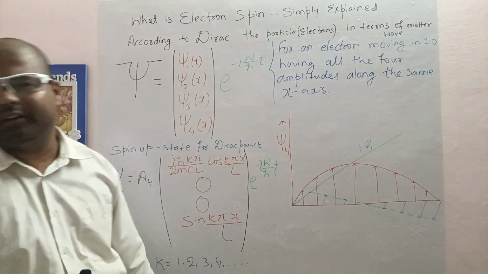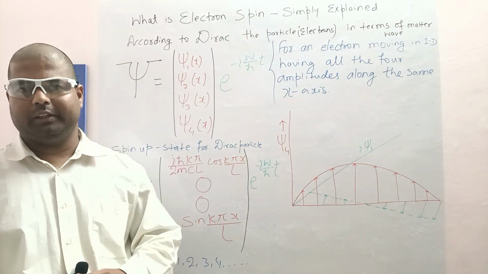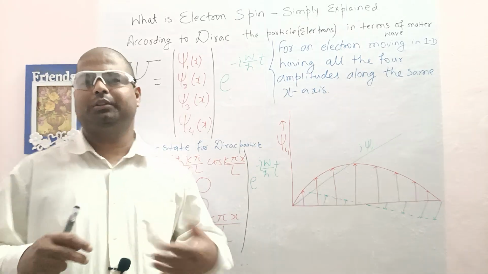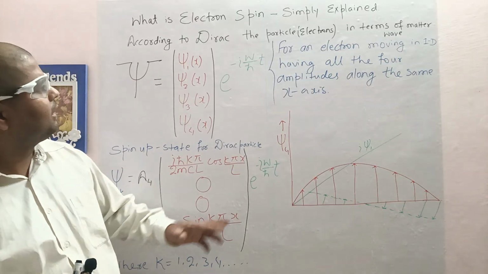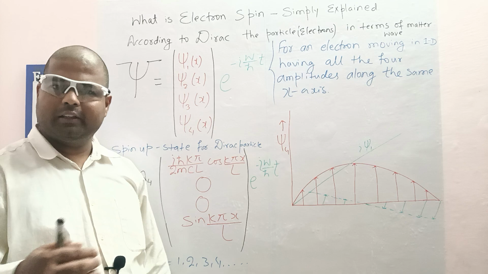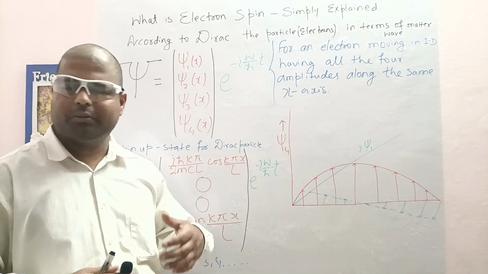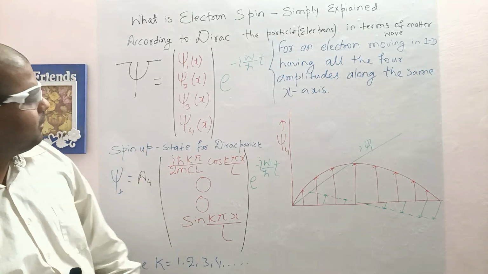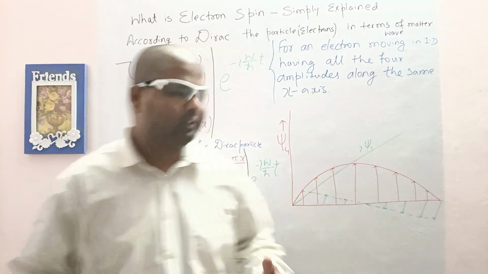But Dirac realized: what would happen to an electron when it moves at or close to the speed of light? We have to take relativistic energy. Dirac used relativistic energy in an equation like the Schrodinger equation, and he found something different, something more exciting.